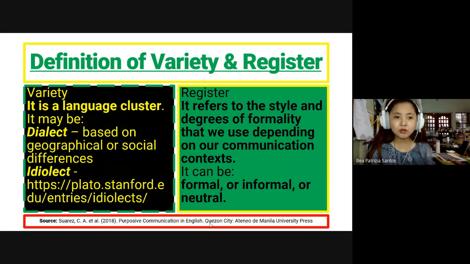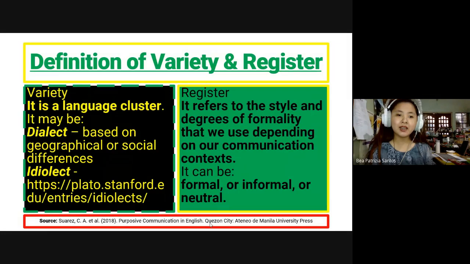Tagalog as a language becomes a dialect when it becomes different in different locations, like Tagalog language in Calabarzon.